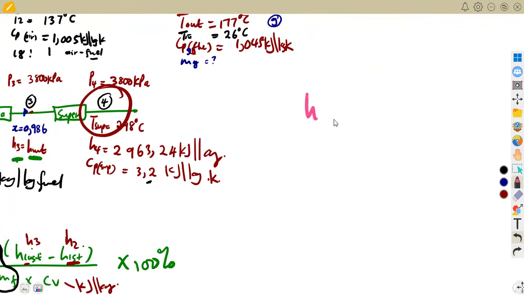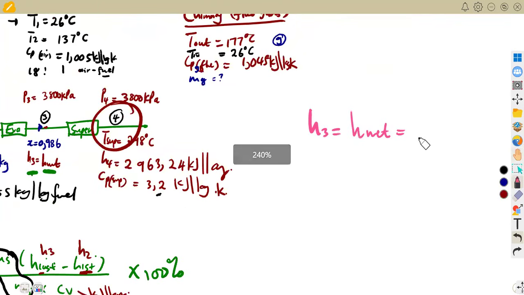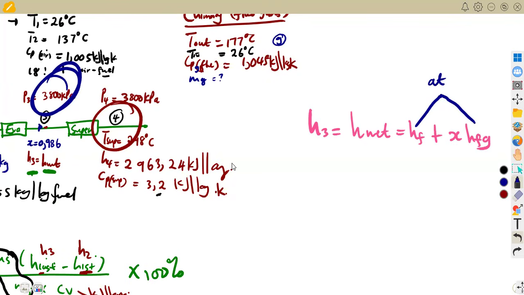So H3 is equal to H wet, and H wet is equal to HF plus X HFG. This is at the given pressure of the boiler, which is 3,800 kilopascal. So at this pressure, what is HF? That will be our H wet, which is H3.